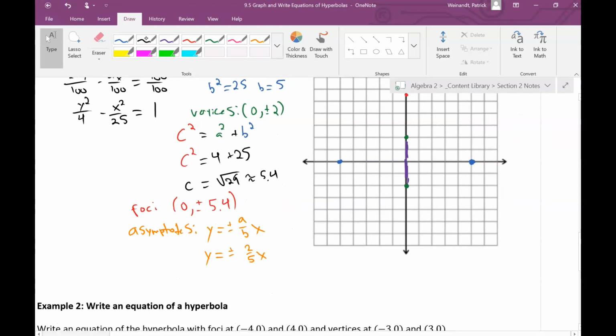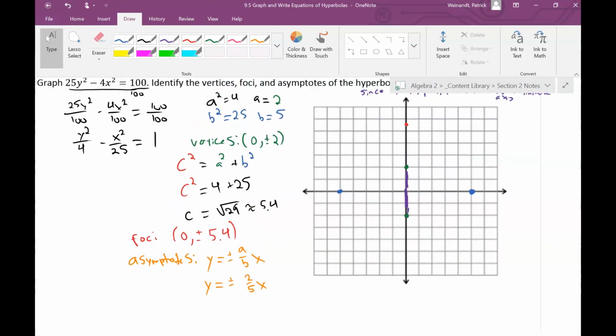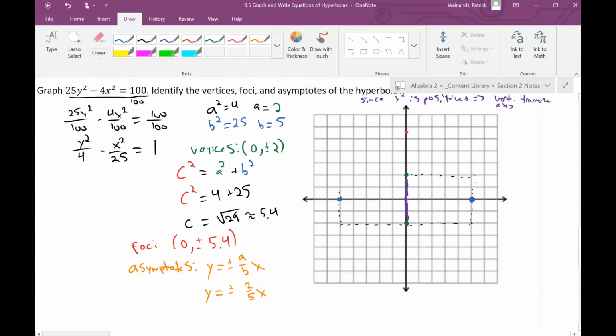Okay, so we have this fictitious rectangle that's made by the vertices and these b values. I guess the coordinates made by the b values, I should say. And that rectangle also, coincidentally, if you start at the origin and go to the corner, is going to give you your asymptote's slope.